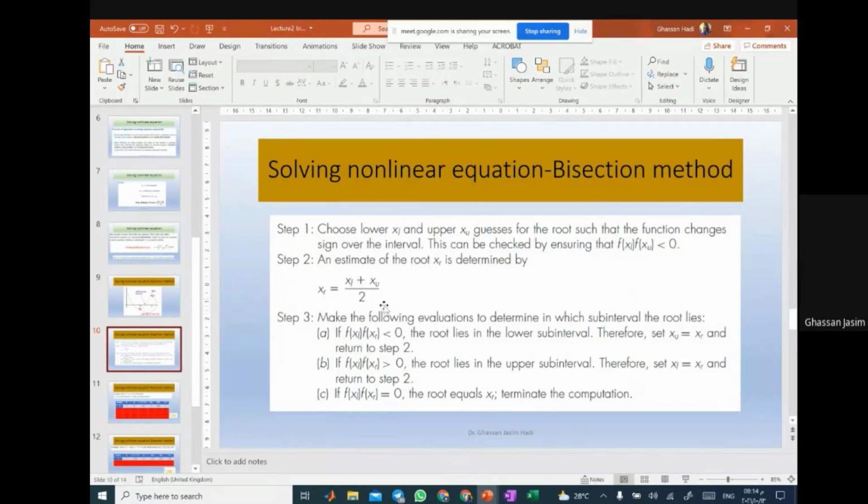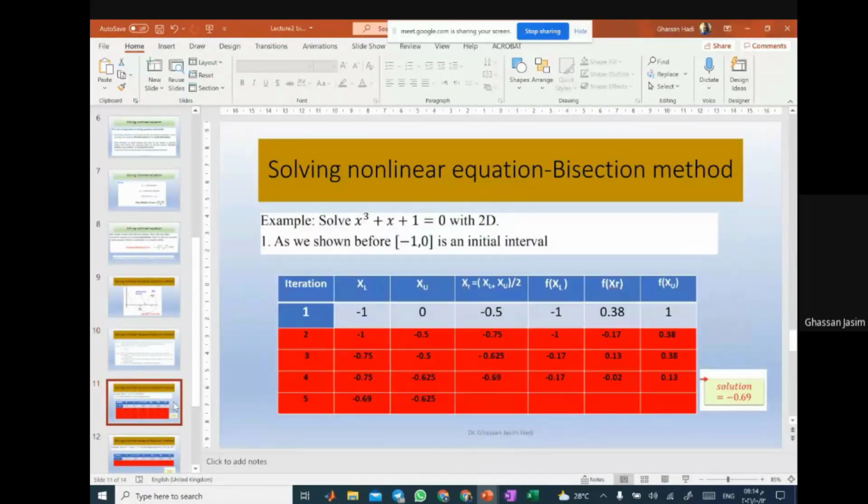It was to find XR and to check the multiplication, whether it is less than 0 or more than 0, and what we do, repeating until we get the suitable interception point.